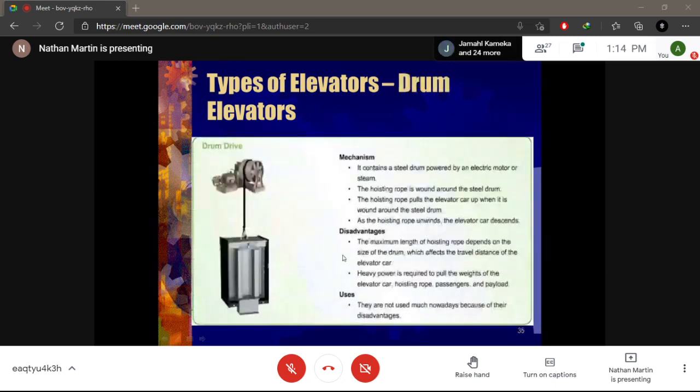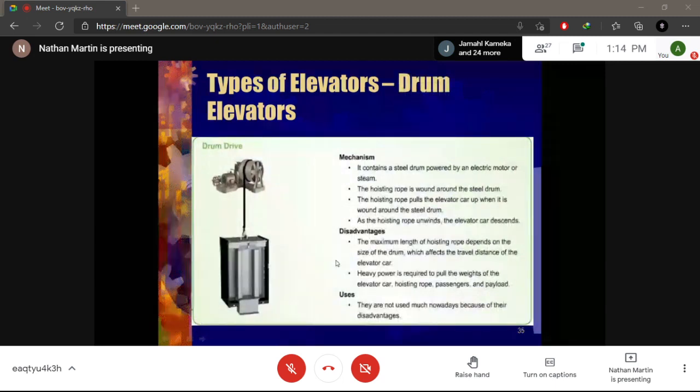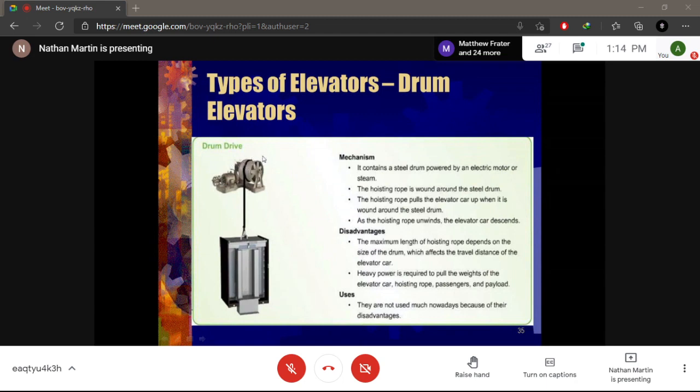All right, we have a drum type elevator, so it looks more and more like what we are used to. In terms of mechanism, the drum type elevator contains a steel drum powered by an electric motor or steam. So this is the motor here, and we have our steam drum.